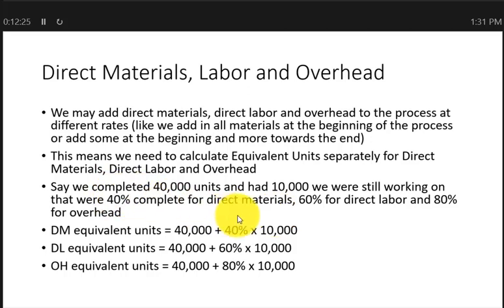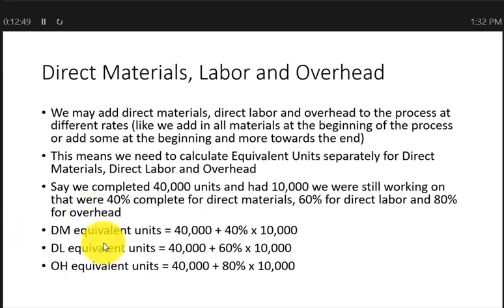So, for instance, we completed 40,000 units and had 10,000 we were still working on, like in the earlier slide. But they were 40% complete for direct materials, 60% for direct labor, and 80% for overhead. So we estimated the direct materials separately from the direct labor and the overhead.